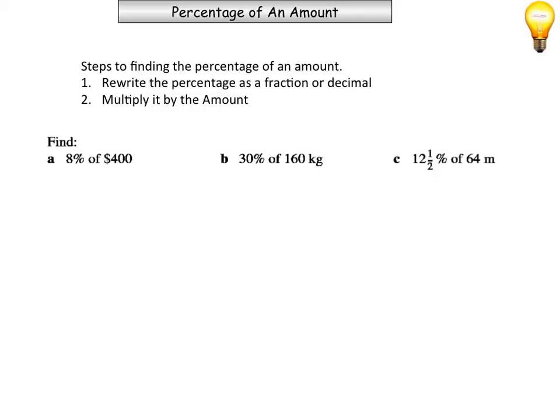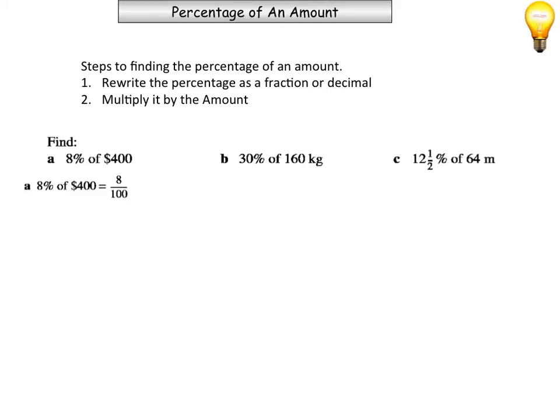So if we look at our first question, we've got 8% and the amount given is $400. The first step is to write the percentage as a fraction. So notice here that we've got the numerator is 8, and that comes from our percentage, and we've got our denominator, which is 100.